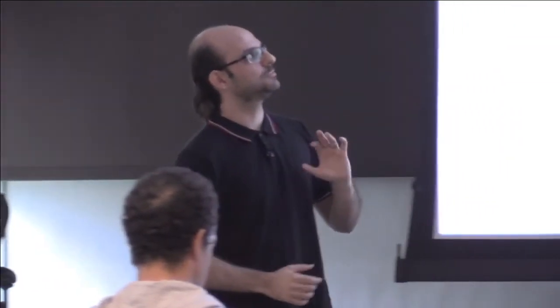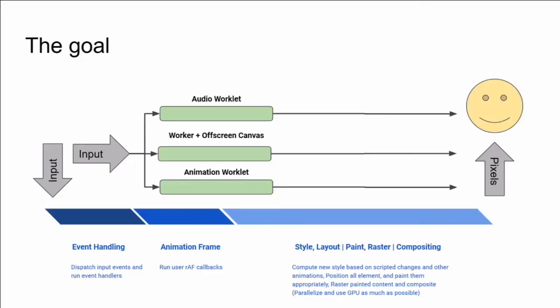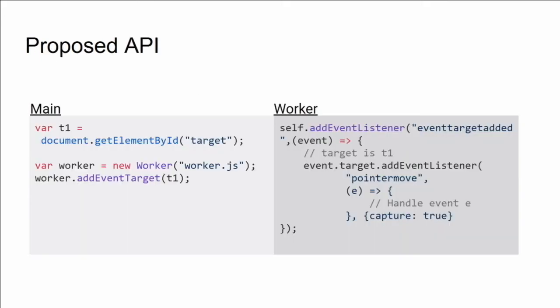We'd like to get to the point that we somehow fork, duplicate, or retarget, whatever we call it, the input events to those other interested parties, other interested workers. That's the goal.